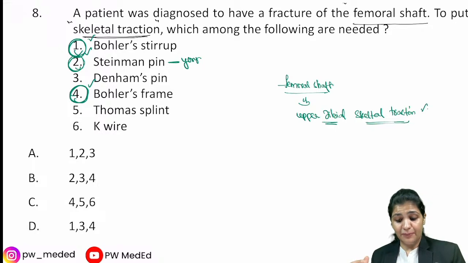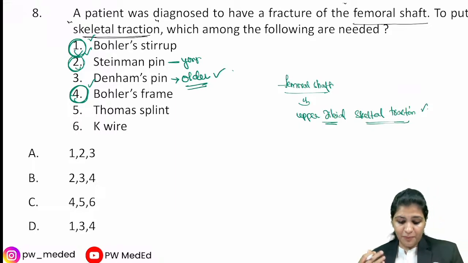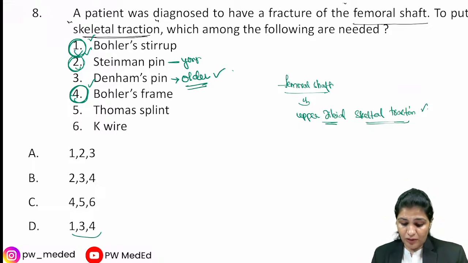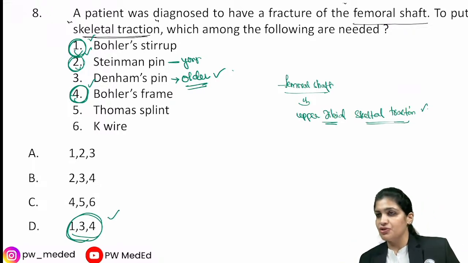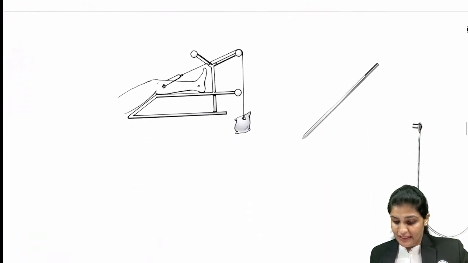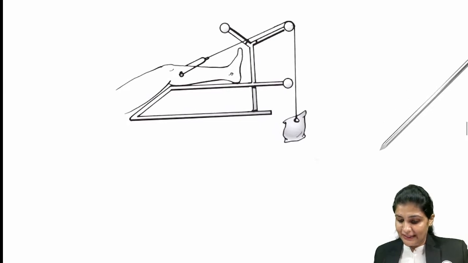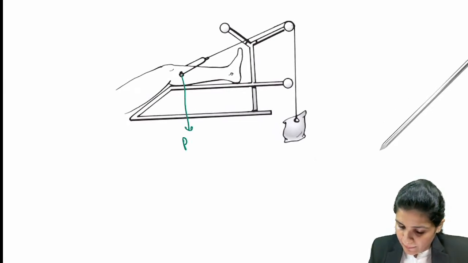Stirrup, Steeman pin or Dunham's pin, and if you're going for an older patient, you go for a Dunham's pin. So it could be 1, 3 and 4: the Dunham's pin, stirrup, and your Bowler's frame. These are the things we usually use for putting the skeletal traction. So how do you put the skeletal traction? This is the skeletal traction, and here you see this is your pin.